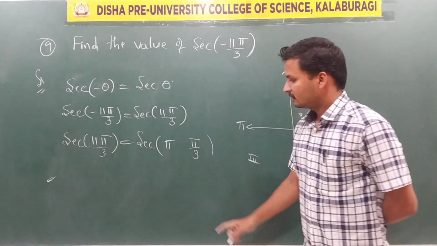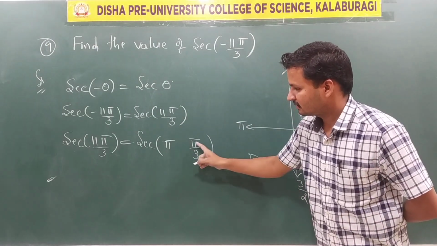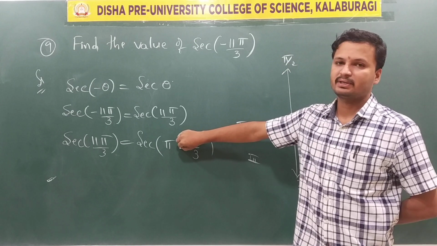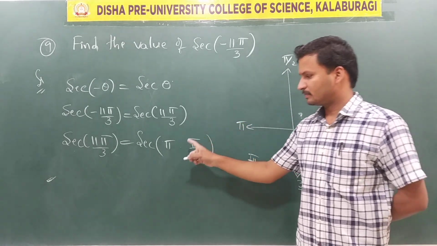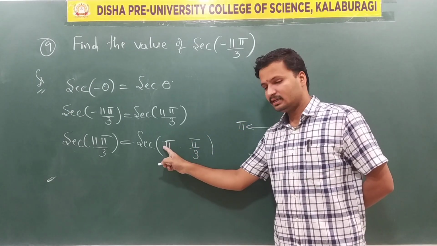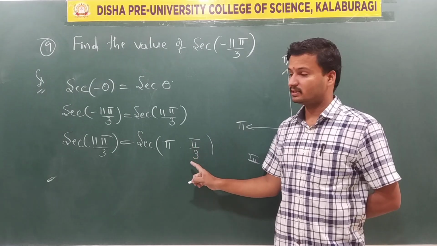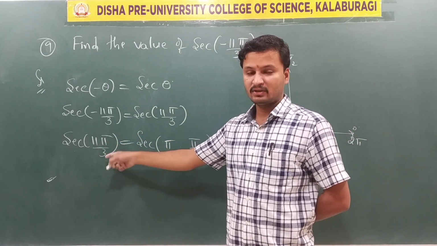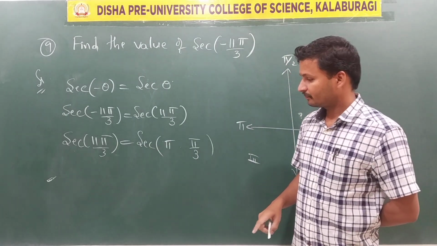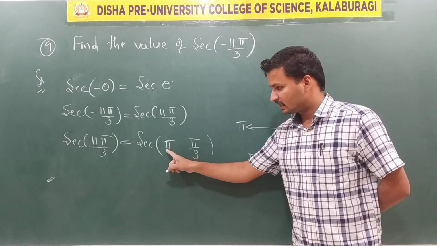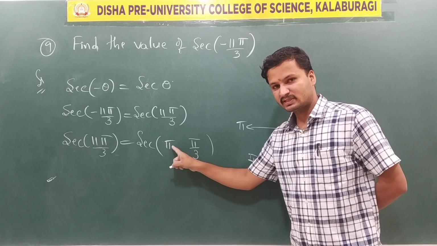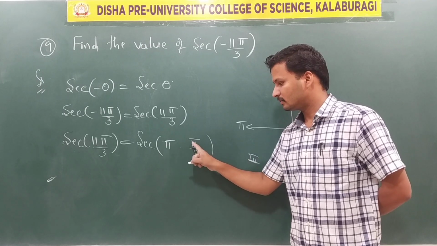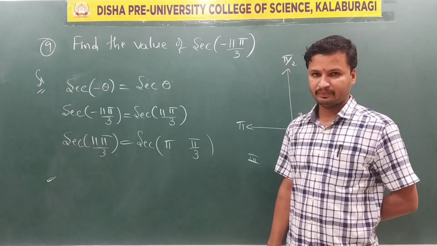Here pi by 3, take any operation, either plus or minus. Suppose plus, 3 pi plus pi, that is 4 pi by 3. But here 11 pi by 3 is there, correct? So we need to multiply a number to this pi such that we get 11 pi by 3.